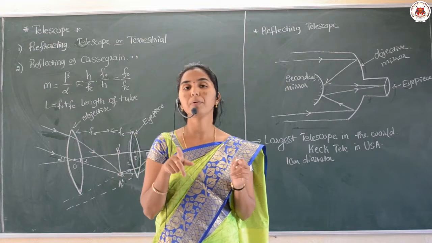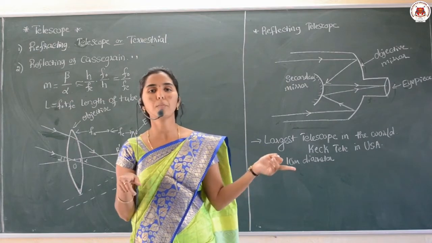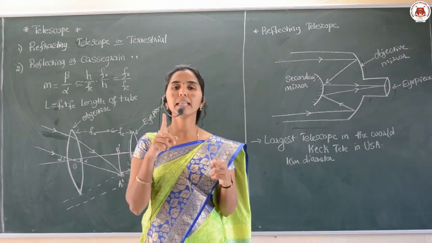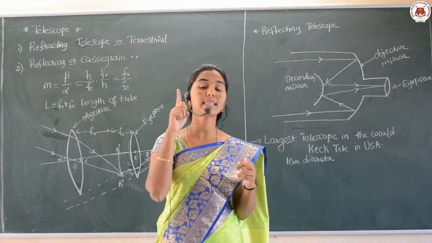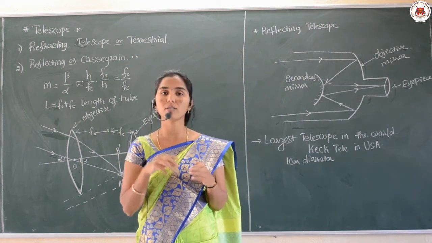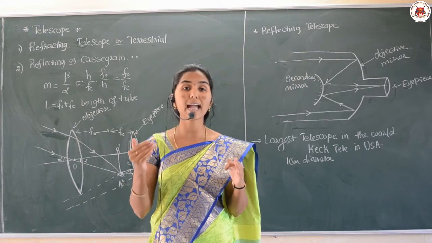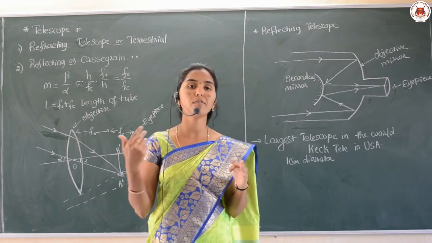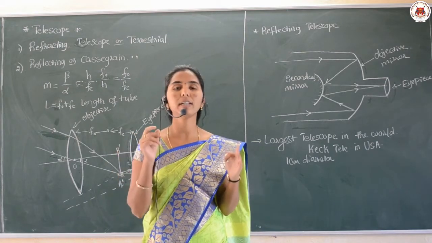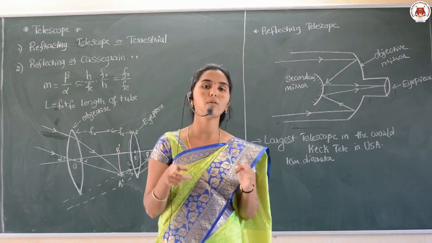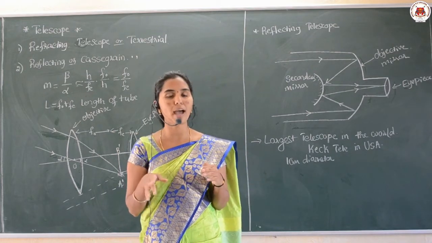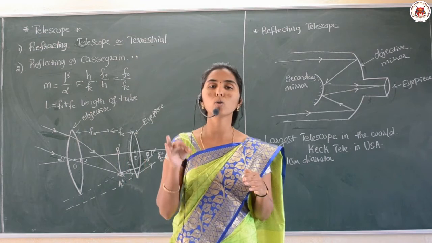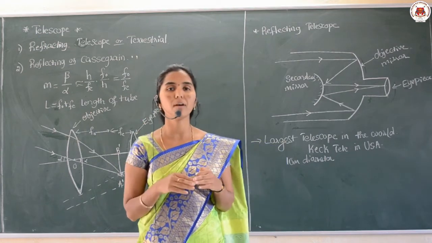There is the simple microscope and there is the compound microscope. In the simple microscope only a single convex lens was used. Therefore it acts like a magnifying lens, and there we discussed the magnifying power of this simple microscope as m is equal to 1 plus d by f.